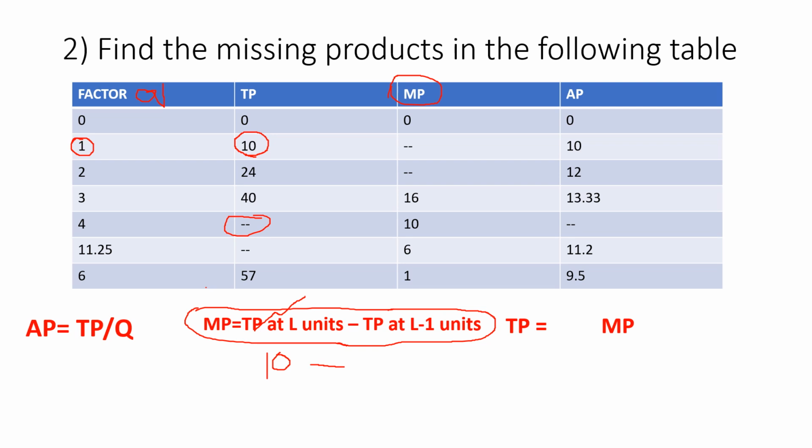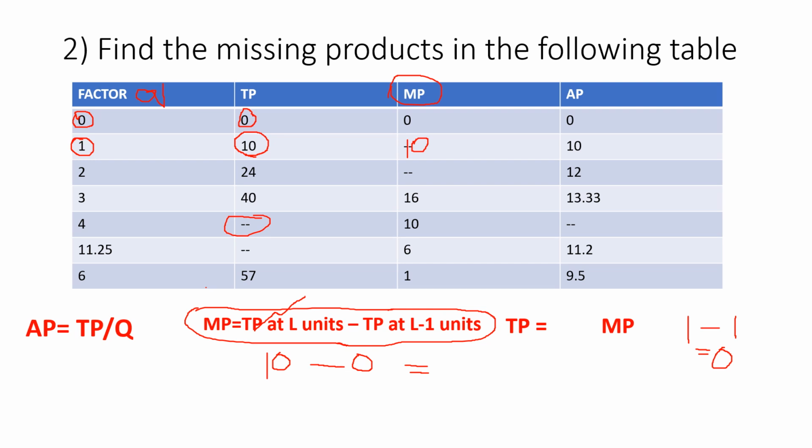If L is 1, L minus 1, 1 minus 1 is how much? It is equal to 0, correct? Then which TP do we have to see now? I have to see the corresponding TP of 0. You're getting my point? So the TP at L minus 1 unit is what? 0. So 10 minus 0. What will be your answer? 10 minus 0 is how much? 10 itself. So we will fill this box. It is 10. Understood this much?